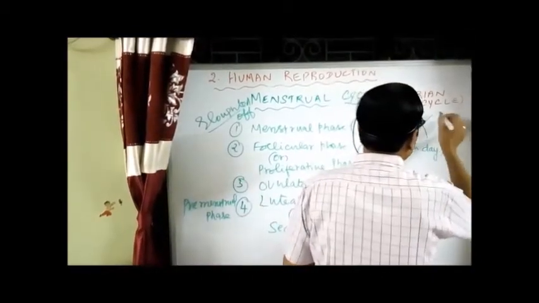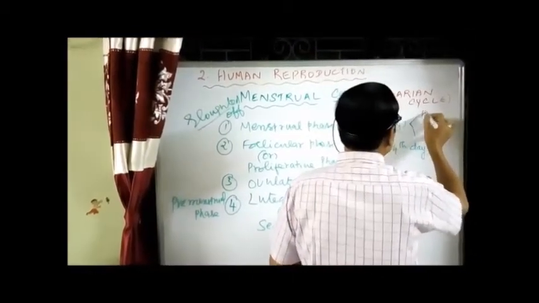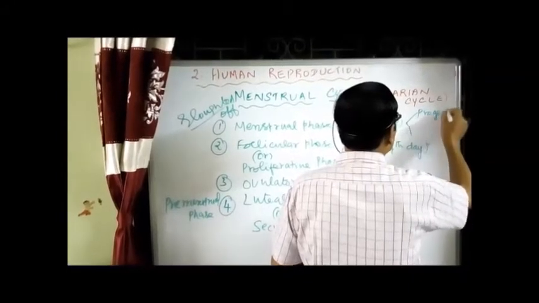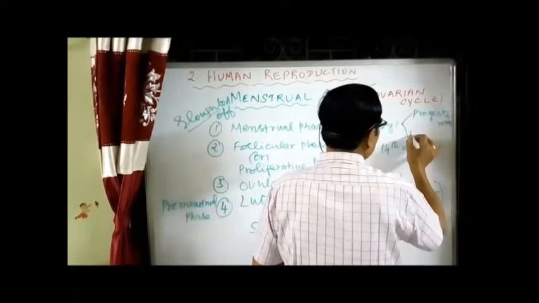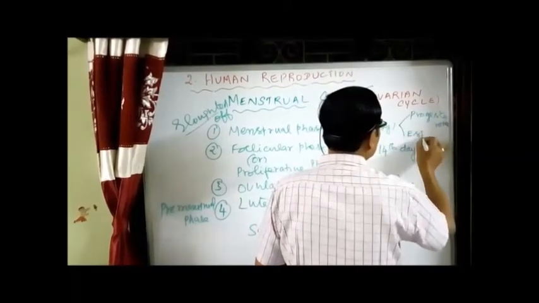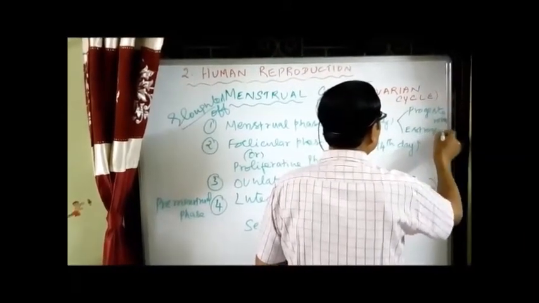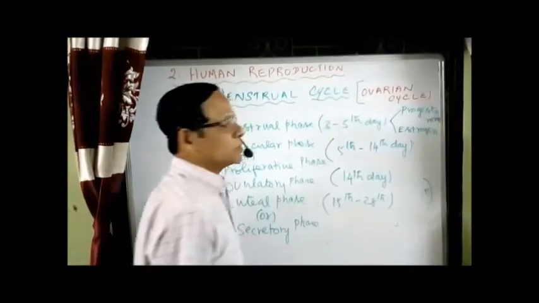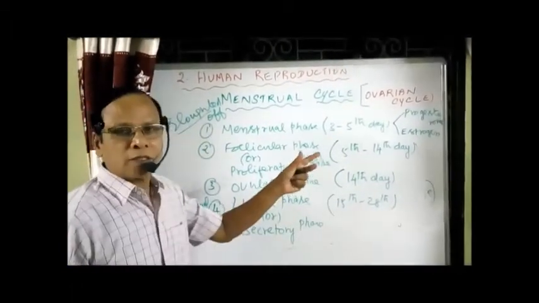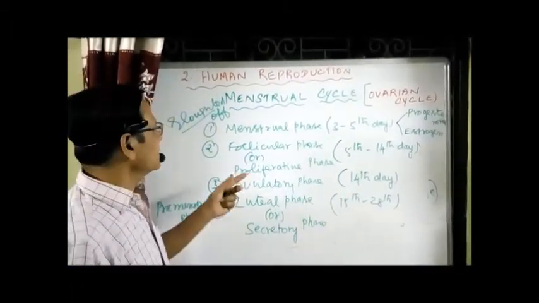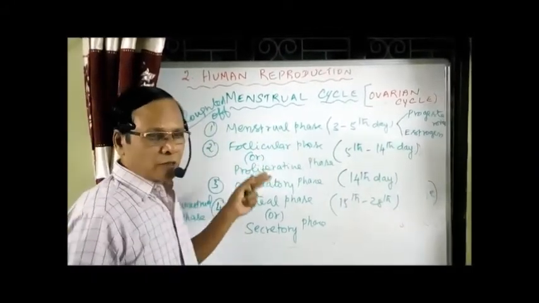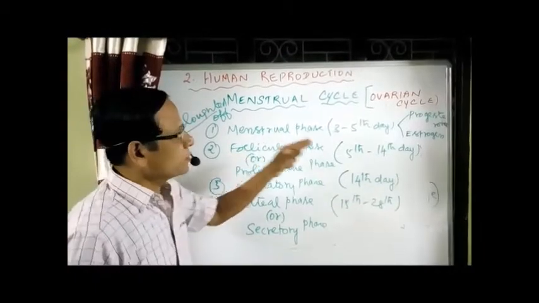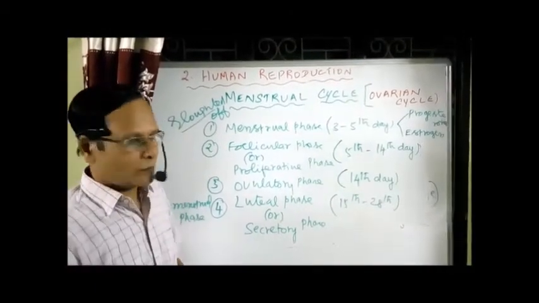Hormone number one is progesterone. Another one is estrogen, the female sex hormone. So when the level of progesterone and estrogen declines, the layer is peeled off along with the breakdown of blood vessels, leading to menstrual flow.